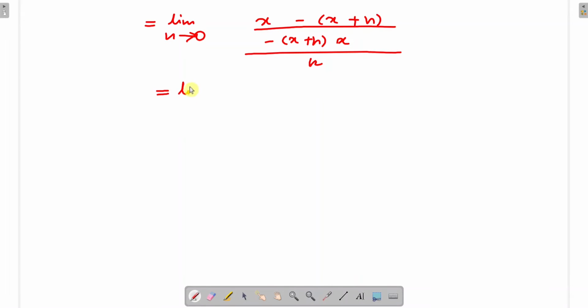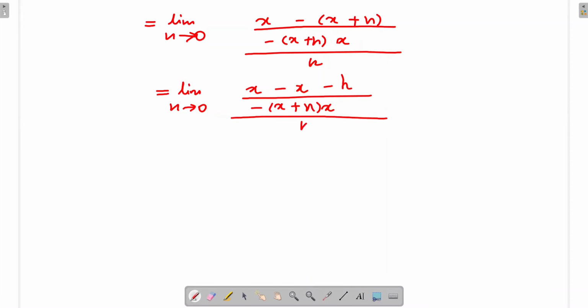So this will be equal to limit h tends to 0, then x minus (x plus h), we are opening the bracket here, and this is divided by minus (x plus h) times x, the whole divided by h.